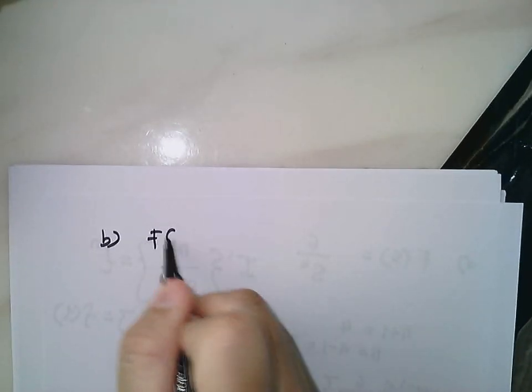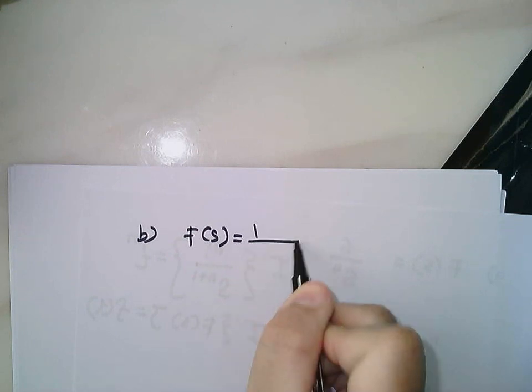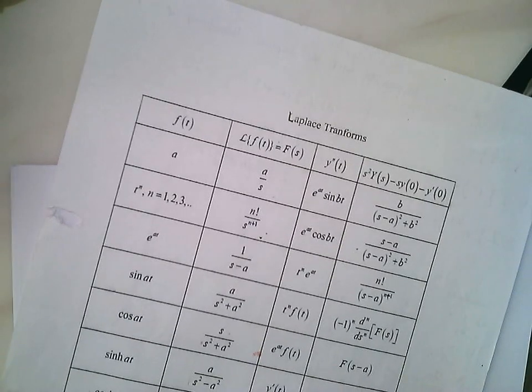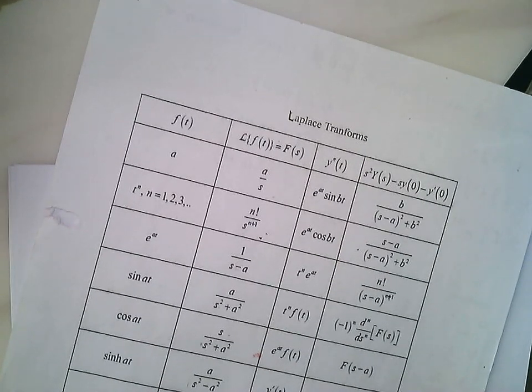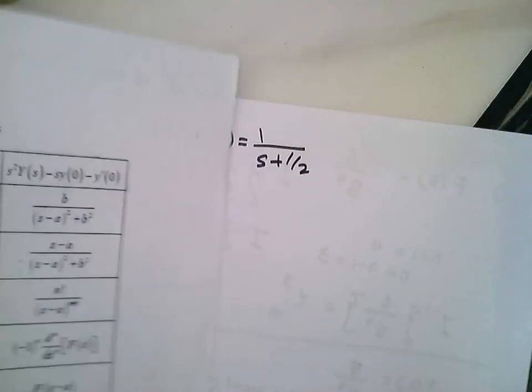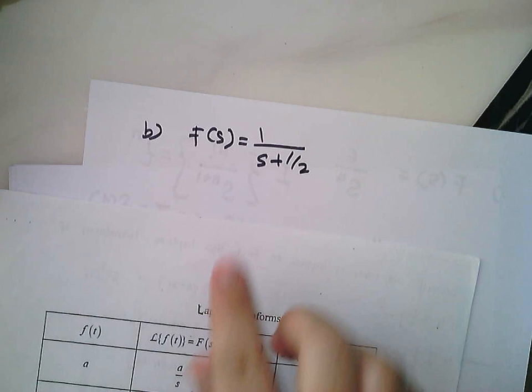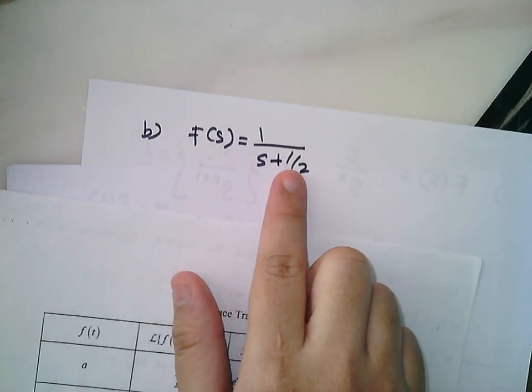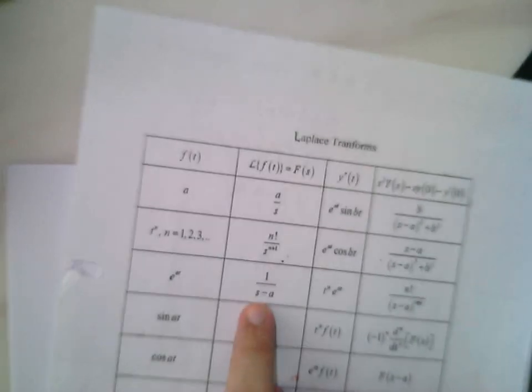So let's say for part b, your F(s) is equal to 1 over s plus 1 over 2. By looking at the table of the Laplace transform, choose which one is equivalent to the function that you have. Since you have s plus 1 over 2 here, where 1 over 2 is a constant, you will choose this one.